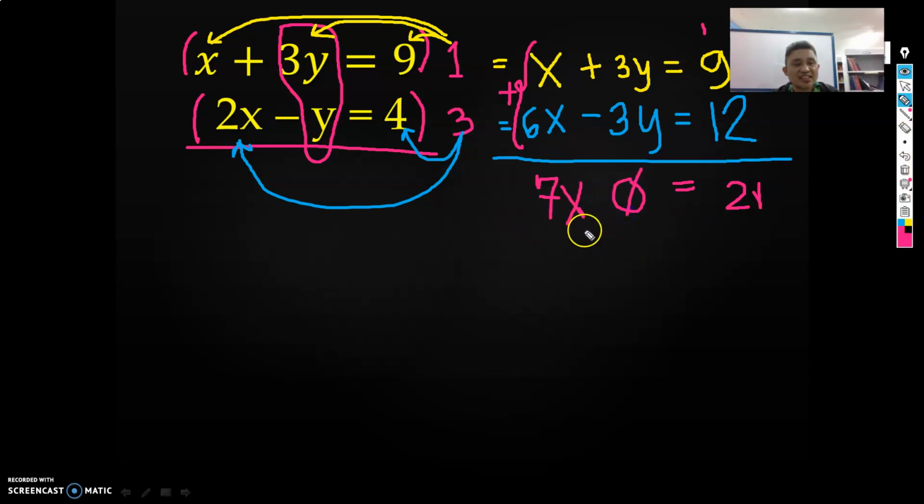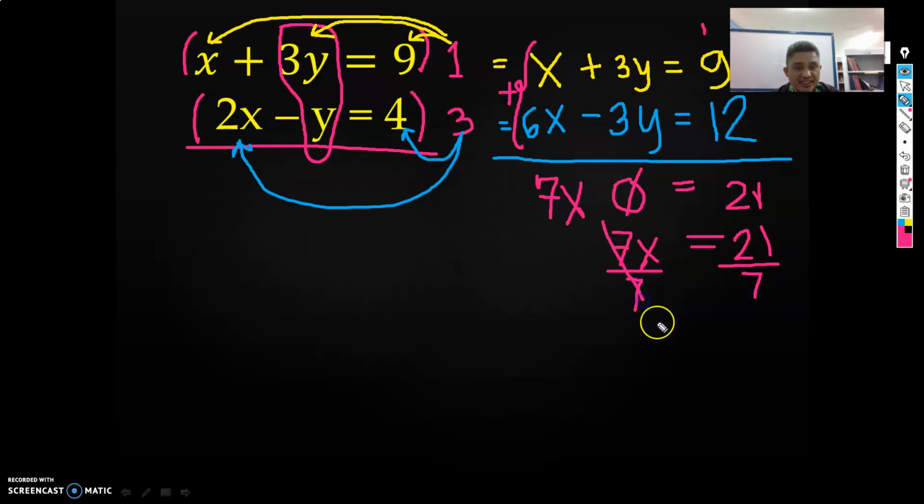Tapos, since wala nang silbi ang 0, ang magiging equation natin is 7x equals 21. Pero, we are not solving for the value of 7x. We are solving for the value of x. So, divide both sides by 7.